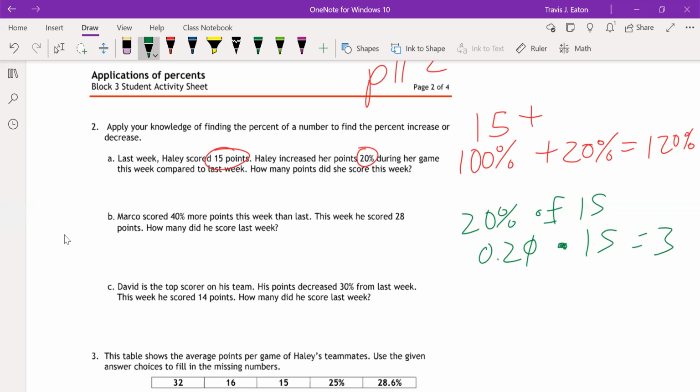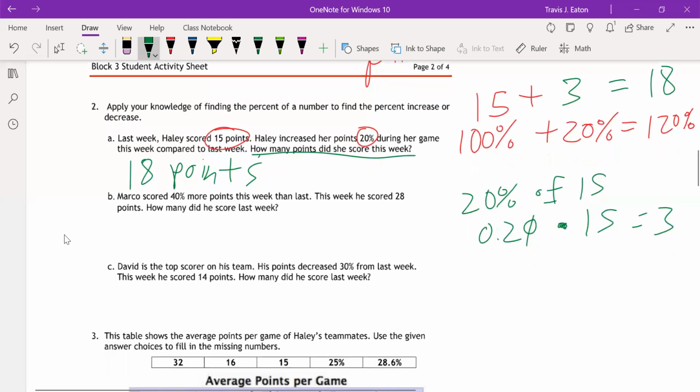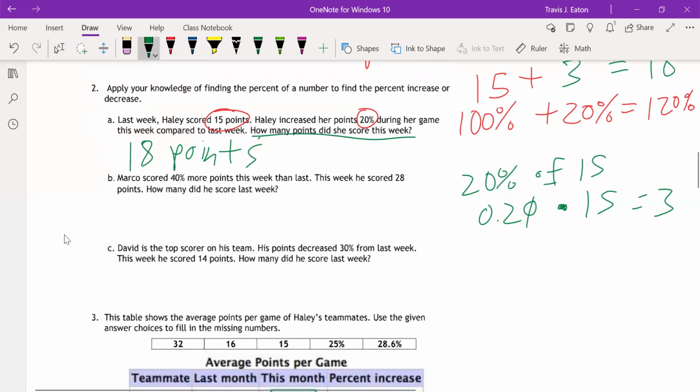So 15 plus 20% of 15, which is 3, would be 18 points. So how many points did she score this week? 18. Okay. So far, so good, right?